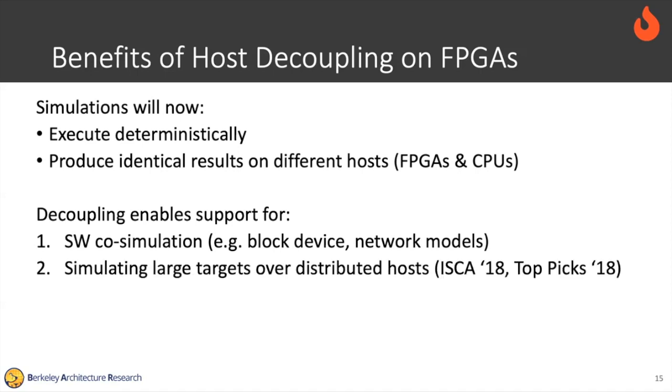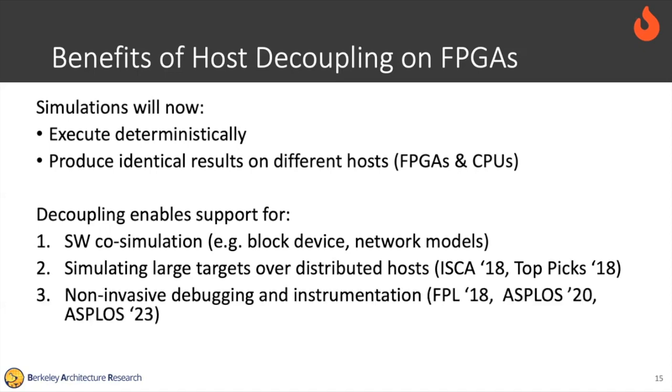And that network model, for example, can be used to simulate large targets over distributed hosts. So this was basically the original purpose of FireSim, and I'll talk about this in more detail in a few slides. But this was basically to model a data center mapped onto hundreds of cloud FPGAs. We can also add a bunch of debugging and instrumentation tools. So we had an ASPLOS paper a couple of years ago that added this sort of stuff into FireSim.